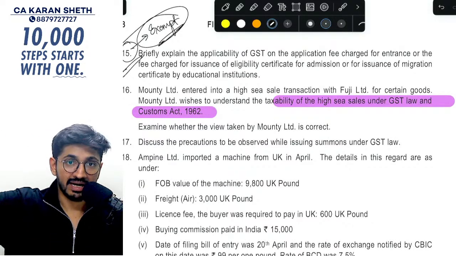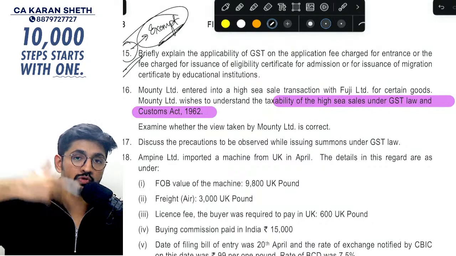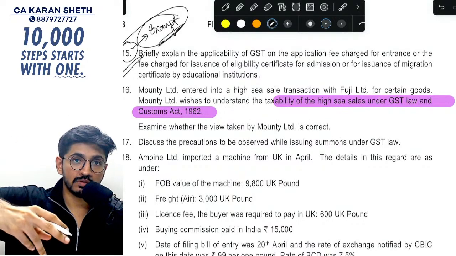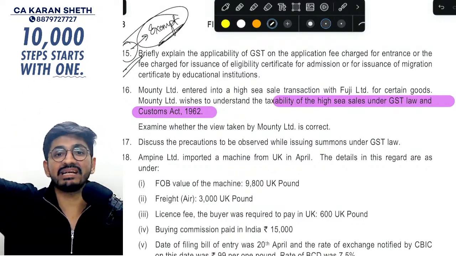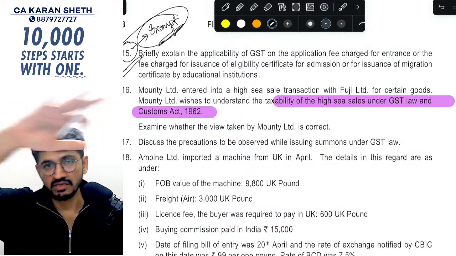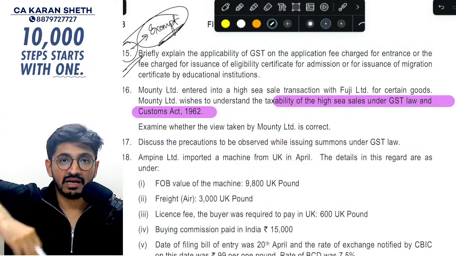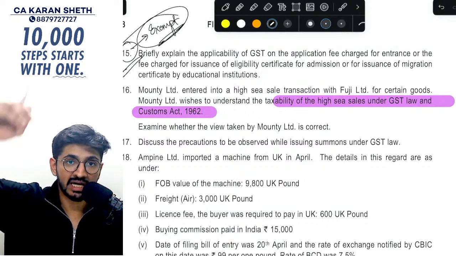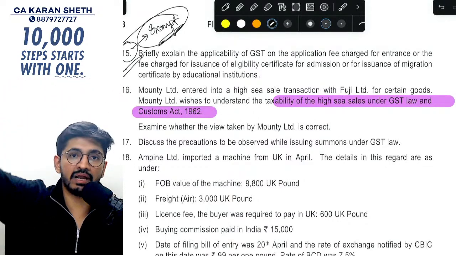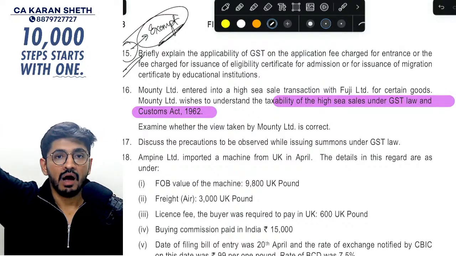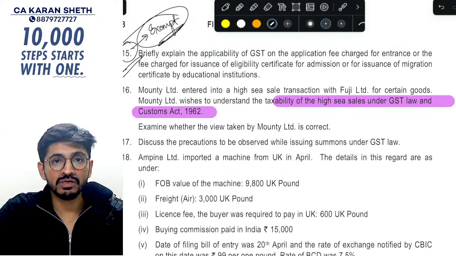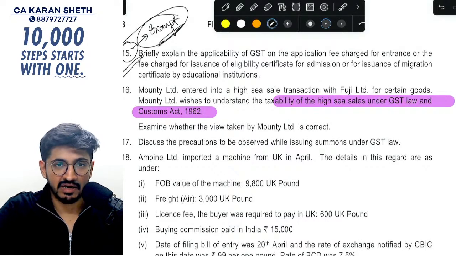Okay, correct. And also 7.2 states that if there is any high sea sales transaction, even that is not a supply. So if there is any endorsement of title when that goods were traveling in high seas, it is not a supply. Simple.